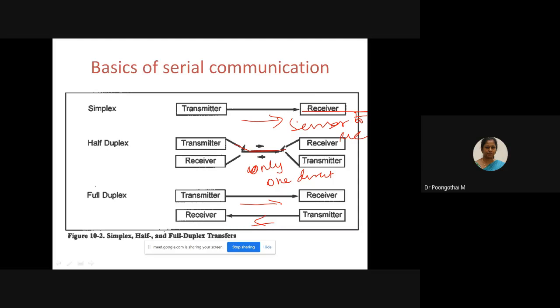The communication link requires two wires for data, one for transmission and one for reception. Your 8051 serial port supports both half duplex and full duplex, and in most applications we focus on full duplex serial communication.